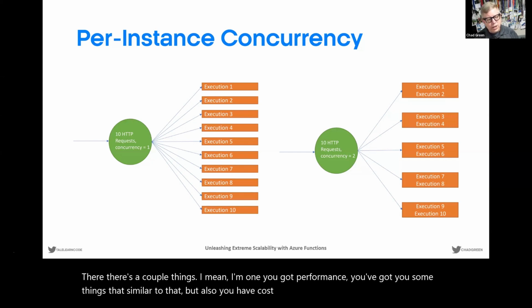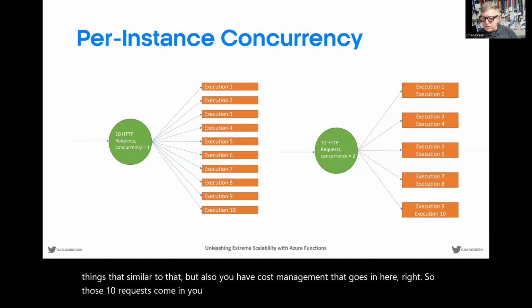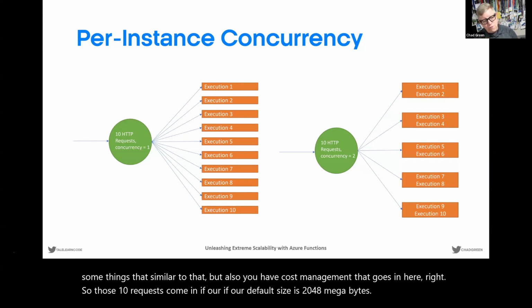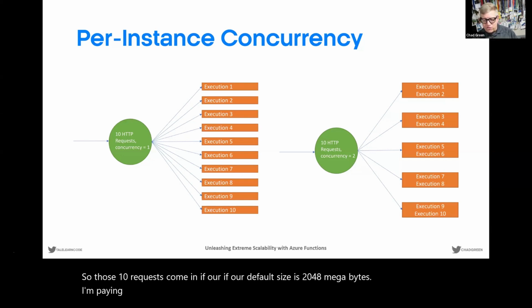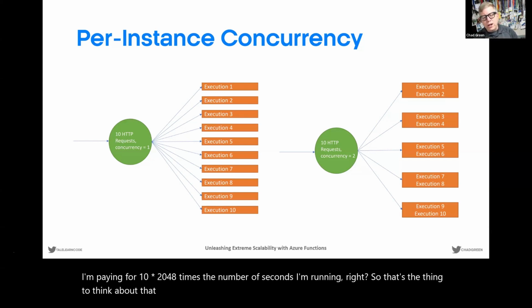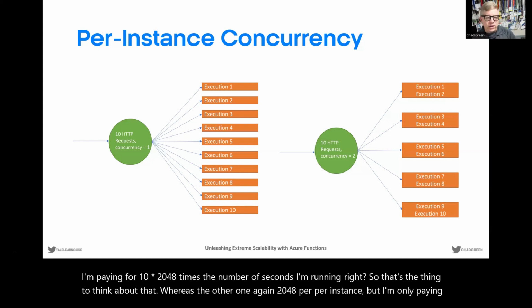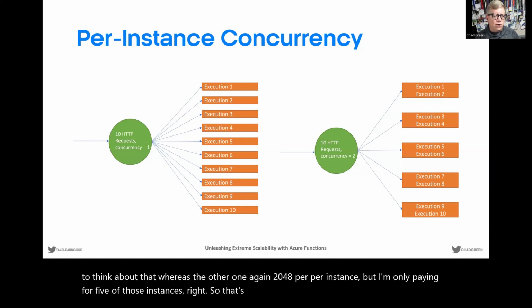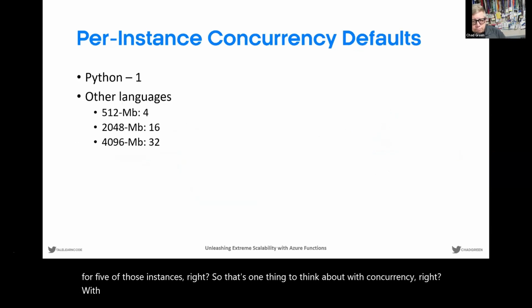So for those 10 requests coming in, if our default size is 2048 megabytes, I'm paying for 10 times 2048 times the number of seconds I'm running, right? Whereas in the other one, again 2048 per instance, but I'm only paying for 5 of those instances. So that's one of the things to think about with concurrency.